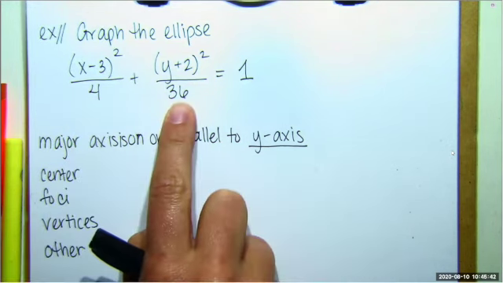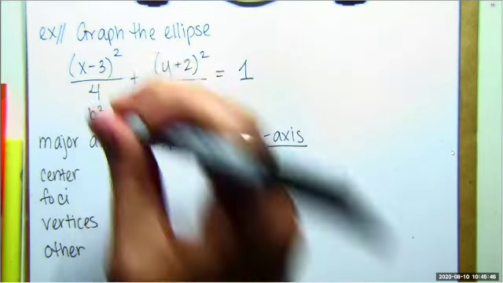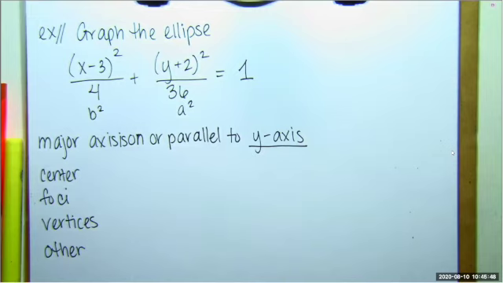The larger one is always going to be A squared. The smaller one is always going to be B squared. Now, if you label them in the wrong order, when you go to find C, which is A squared minus B squared, you're going to end up with a square root of a negative at some point, and that should clue you in that you labeled some things backwards somewhere, so go back and check your work.